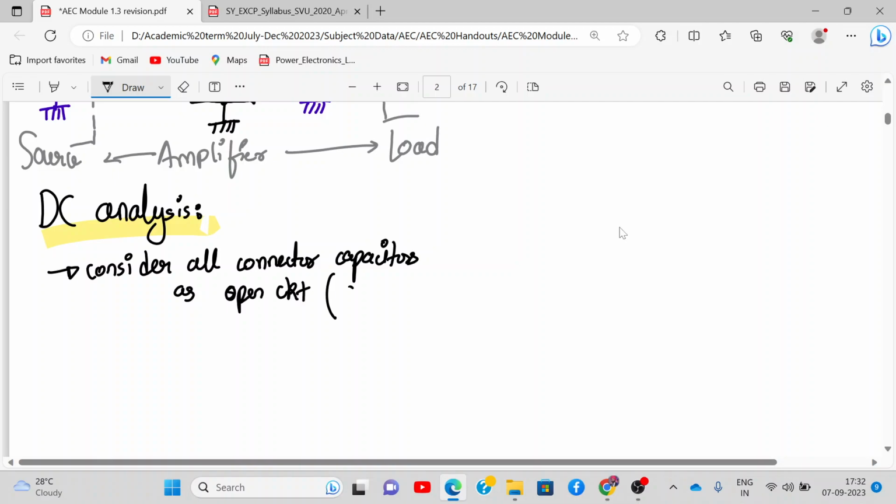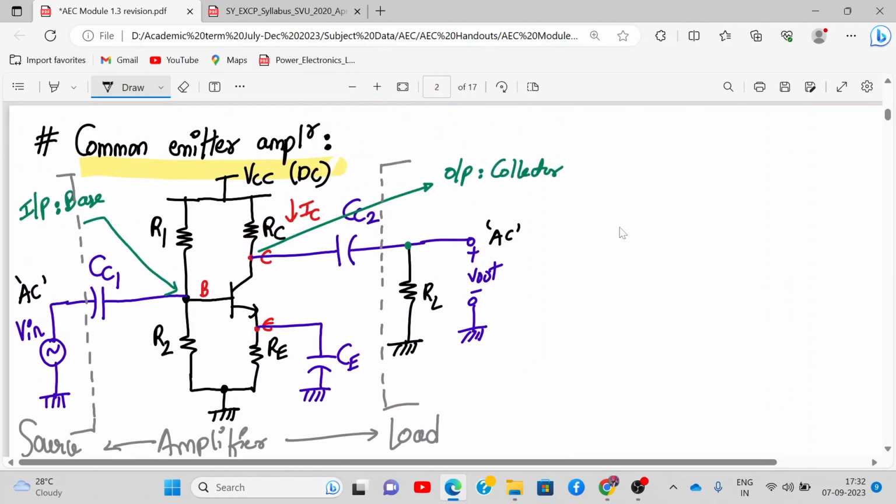Why do we do that? For DC, frequency is 0, and the reactance offered by the capacitance is 1 upon 2 pi f C, which will be infinite. So all the capacitors will behave as an open circuit.